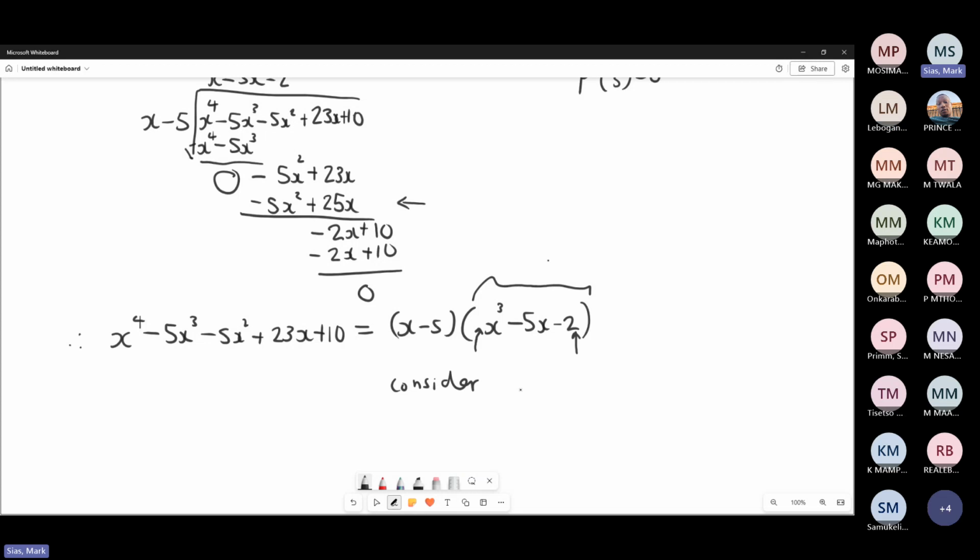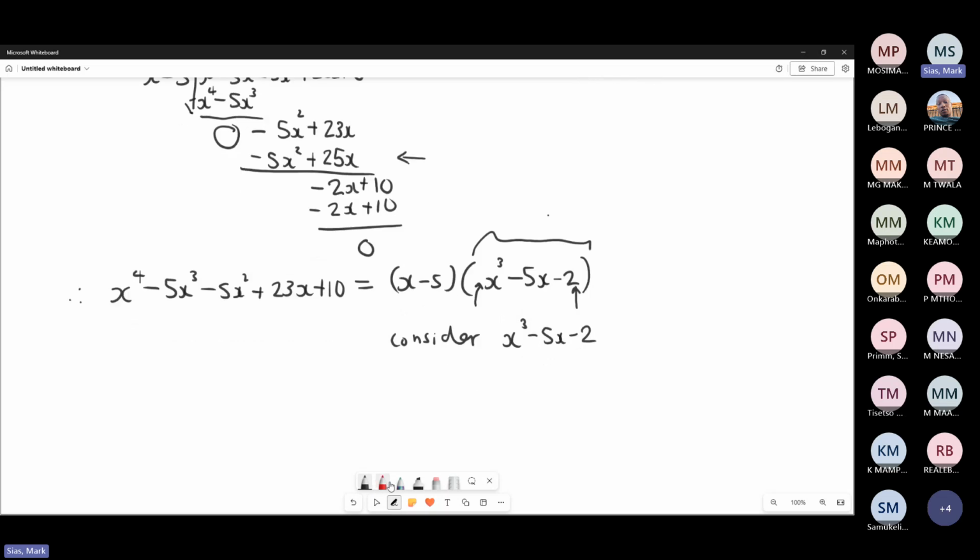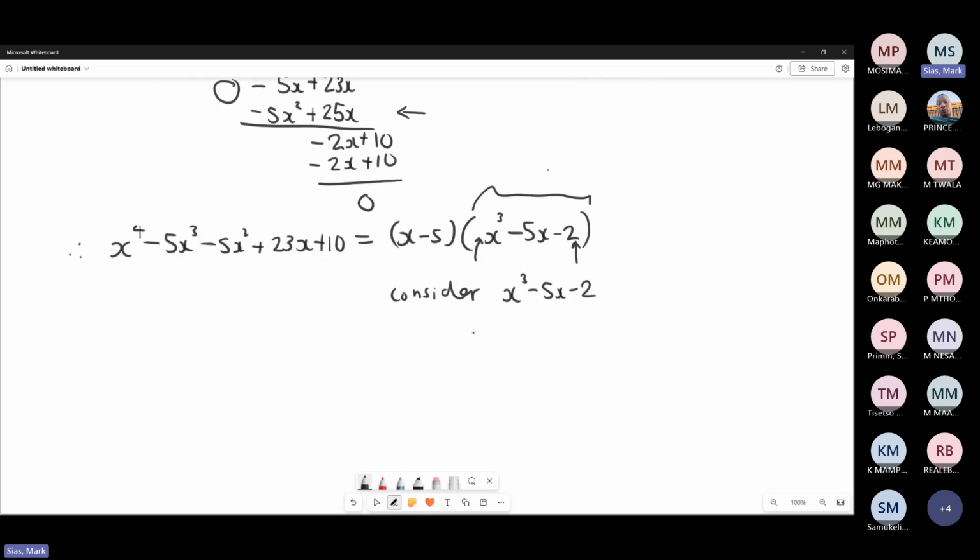So again, consider x cubed minus 5x minus 2. And you'll see that the possible candidates here now, the possible zeros, are the divisors of minus 2, because minus 2 has divisors plus or minus 1 and plus or minus 2, just like this one has possible divisors plus or minus 1.